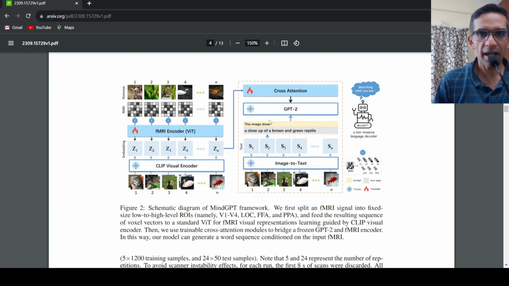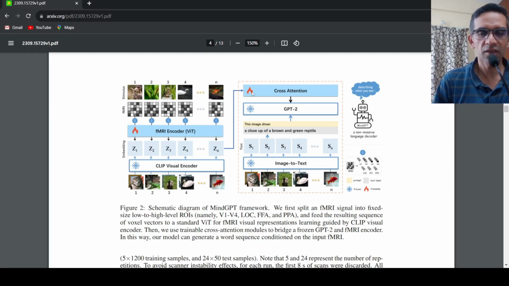Okay, and when they are training this, right, this CLIP visual encoder is kind of frozen, right? This GPT-2 is also frozen. An image to text encoder is also kind of frozen. Okay, this is during training, right? And what is trained are this fMRI encoder and the cross attention layers.